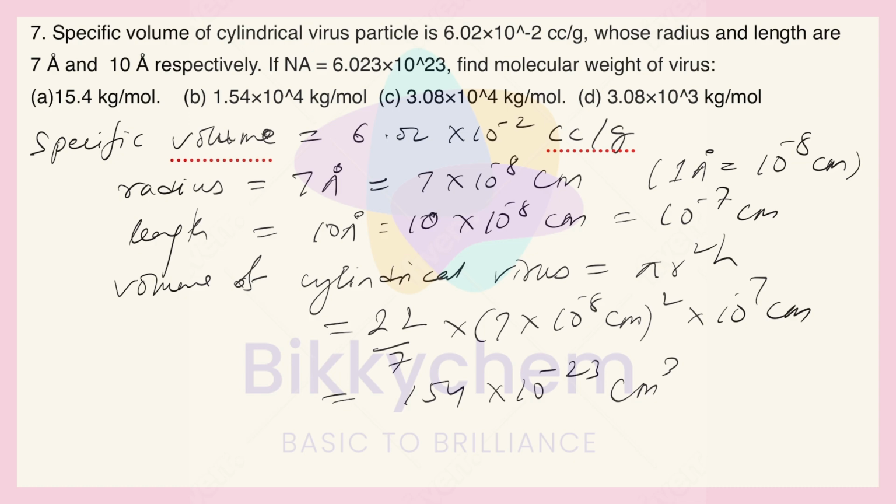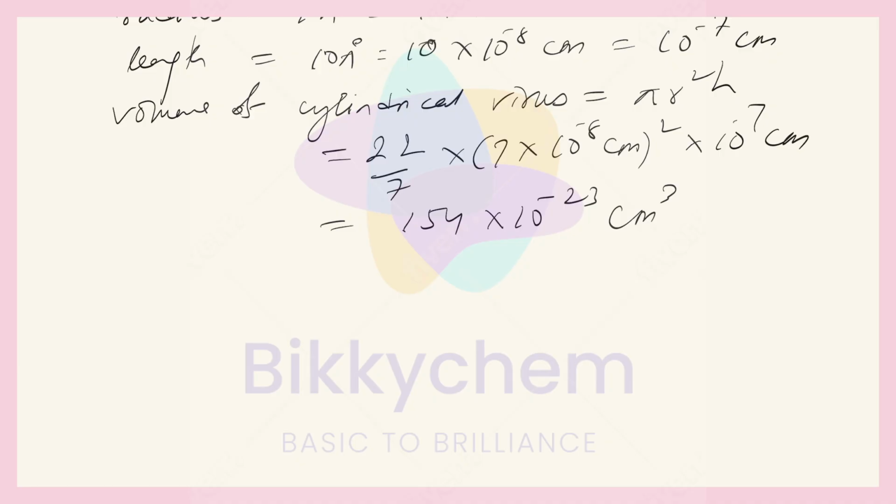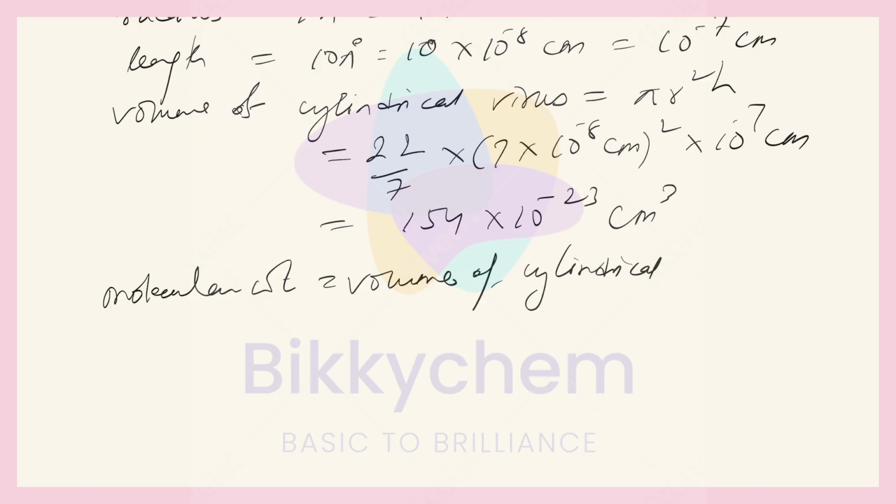Now we have to find the molecular weight. Molecular weight will be the volume of the cylindrical virus times Avogadro number divided by specific volume.